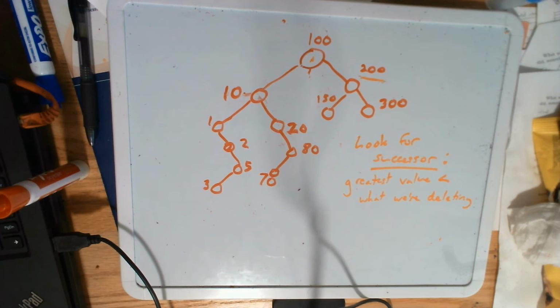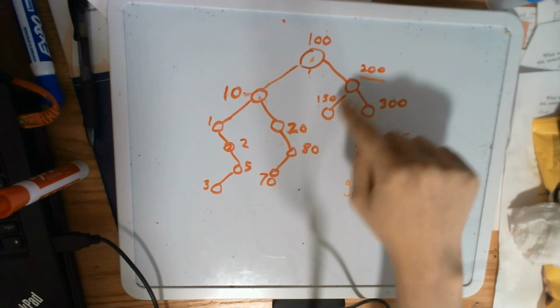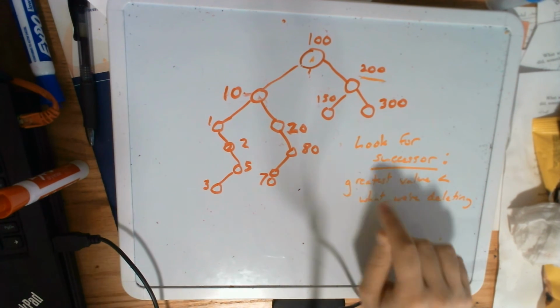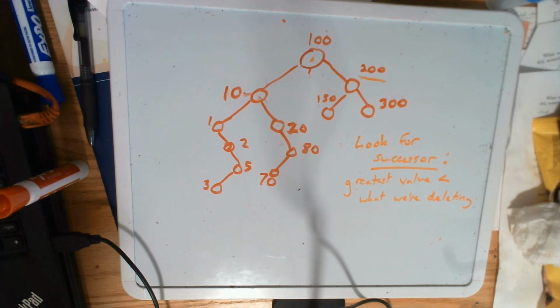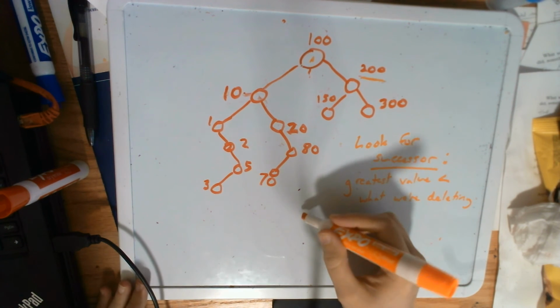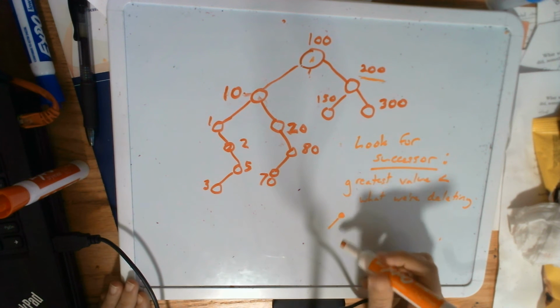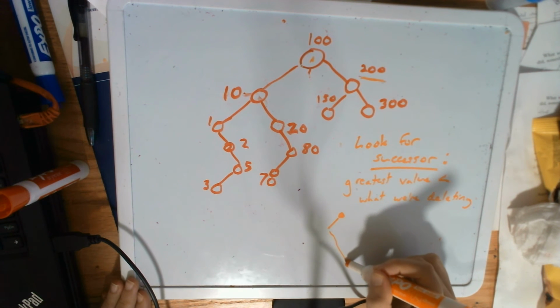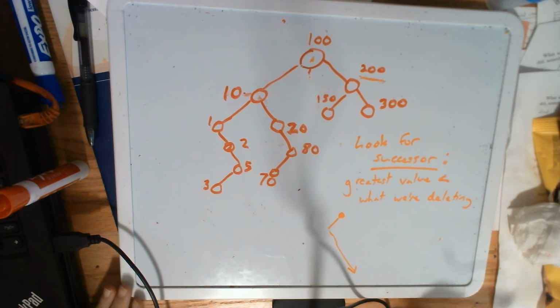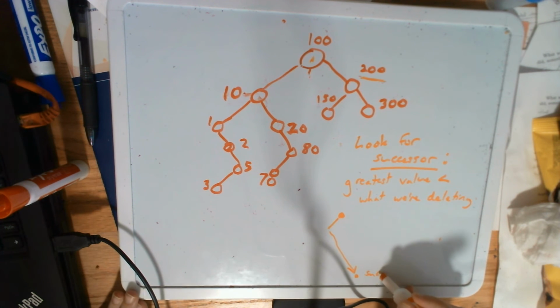And less than what we're deleting means we want to look left. But the greatest value means we want to go as far right as possible. So in general, the path we'll take from the node we're deleting is 1 step left and then as far right as possible. And the node at the end of the line will be the successor.